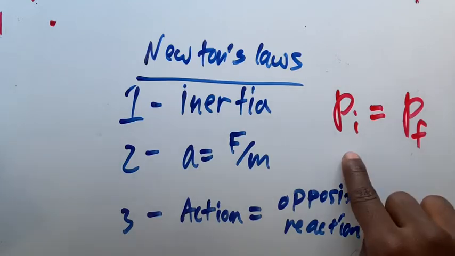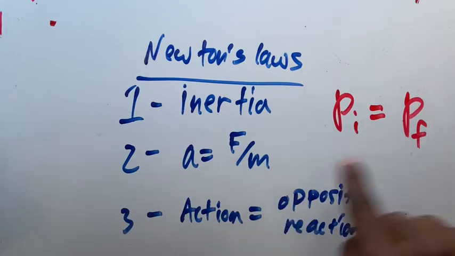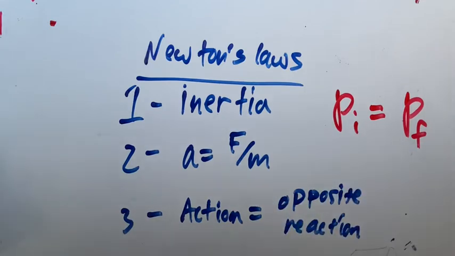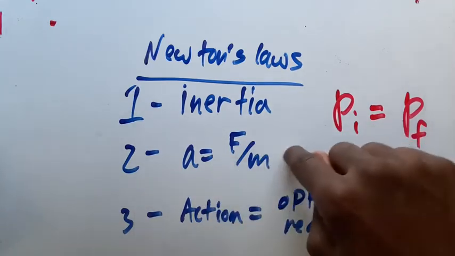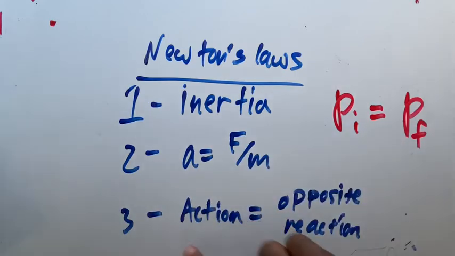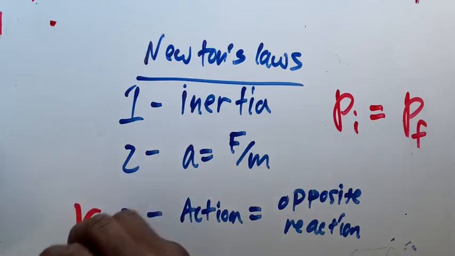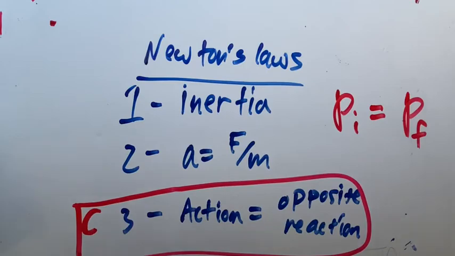So which one of these seems to be closest to that? Well, definitely not inertia. Probably not the second one either. This just talks about acceleration. So that leaves this last one. Every action has an equal opposite reaction. So this one is probably the most similar to the conservation of momentum. So the answer to number 5 is going to be C for Newton's third law.